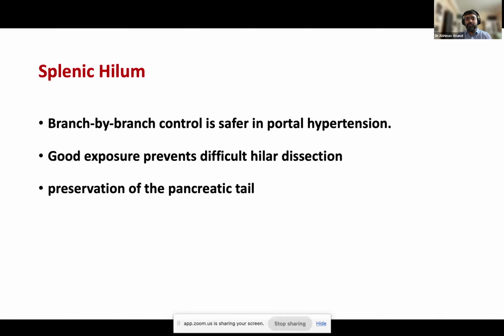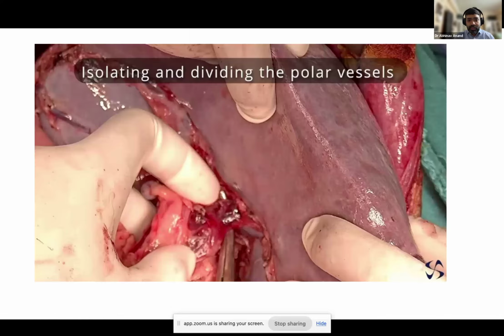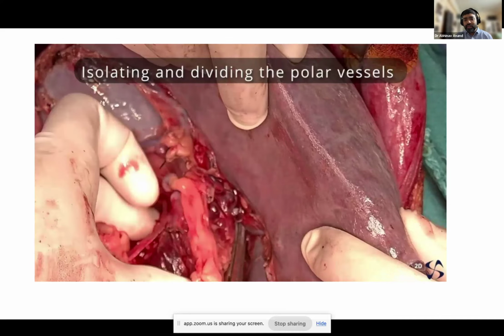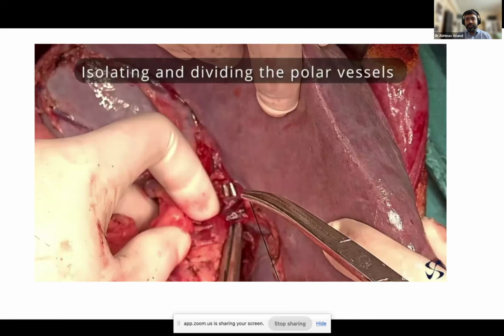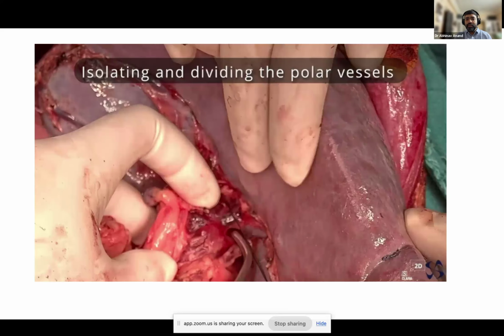Okay, go ahead. So after doing all that, we go to the splenic hilum, and there we tie the polar vessels first close to the spleen one by one.